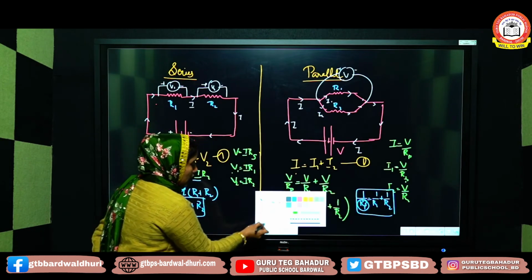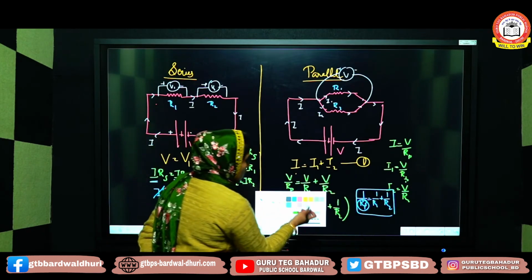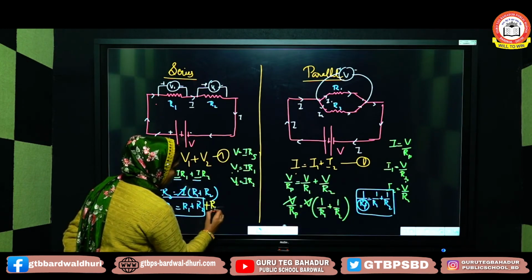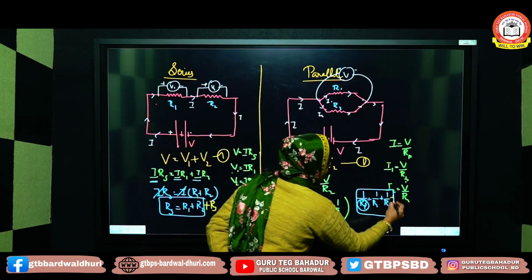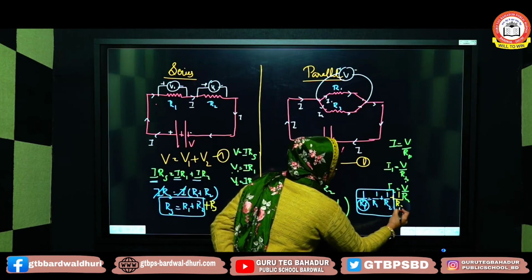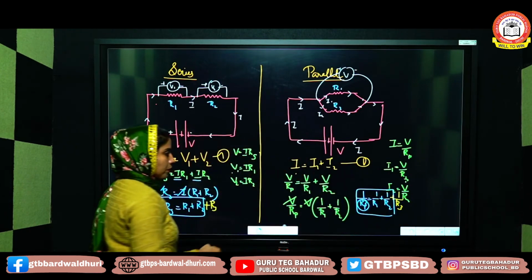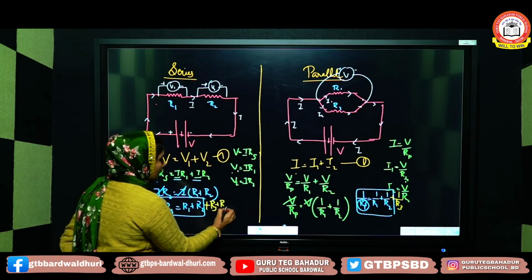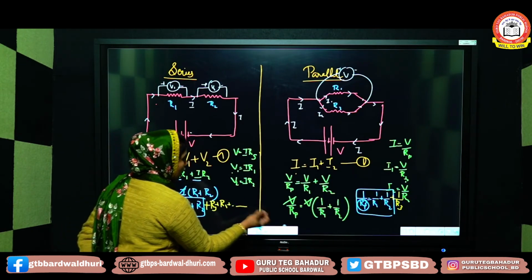Now we can generalize the result also. Suppose we are having 3 resistances, so we can add 1 upon R3 here. Similarly, if there are 4, we can add R4. If there are n resistors, it will continue like that.